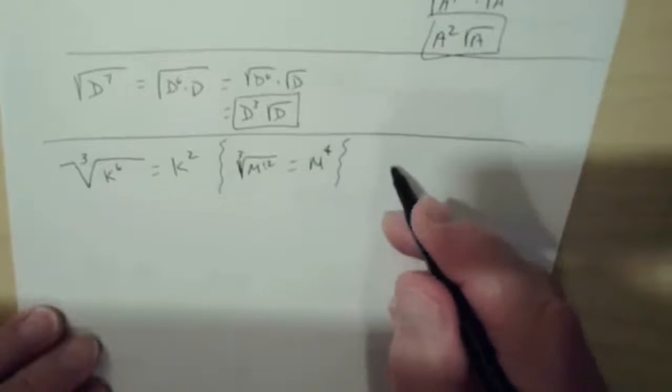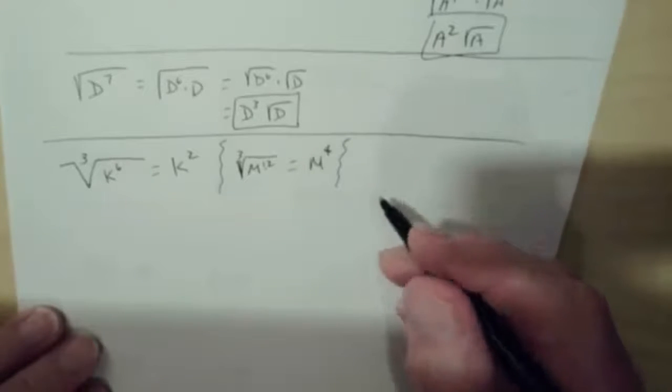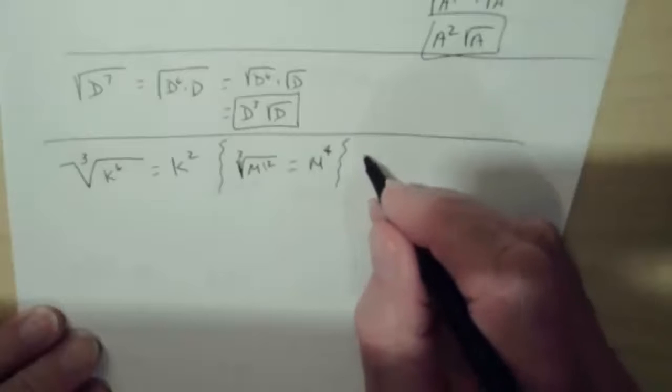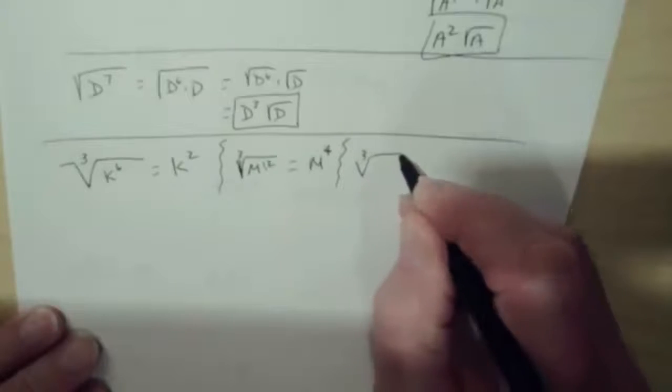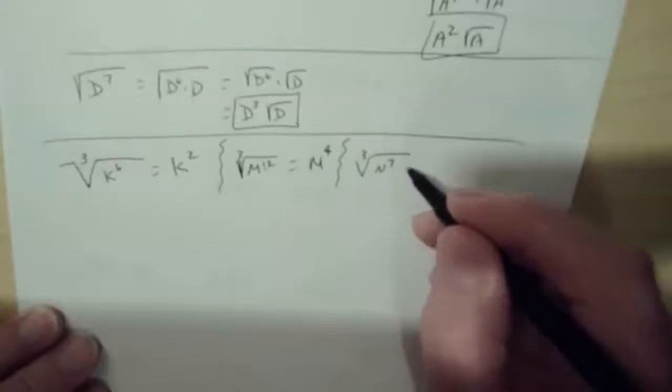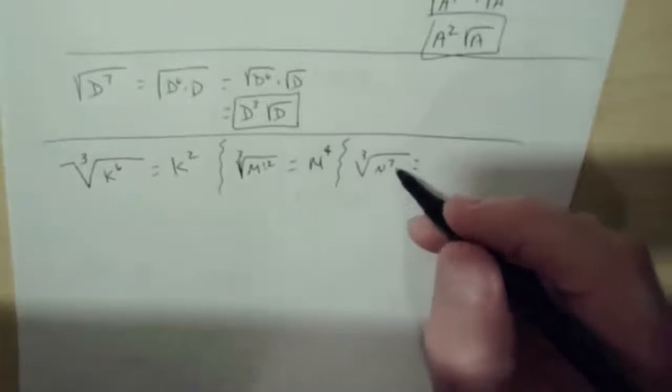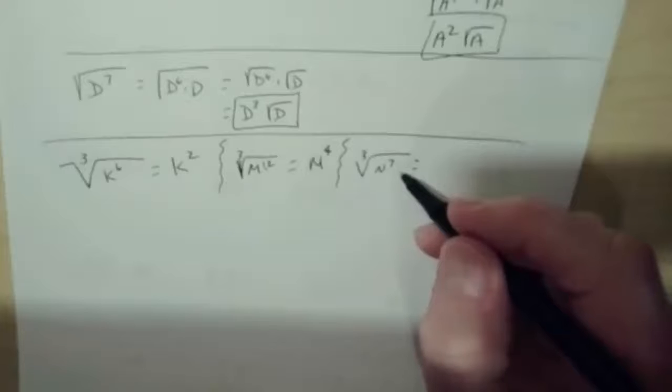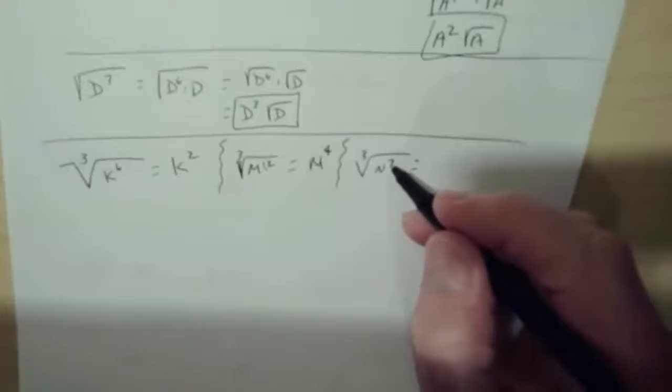What if we have the cube root of n to the 7th? Now we're going to factor the n to the 6th. Now we want a number that's divisible by 3.